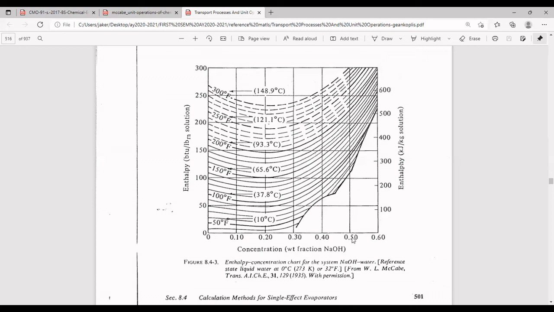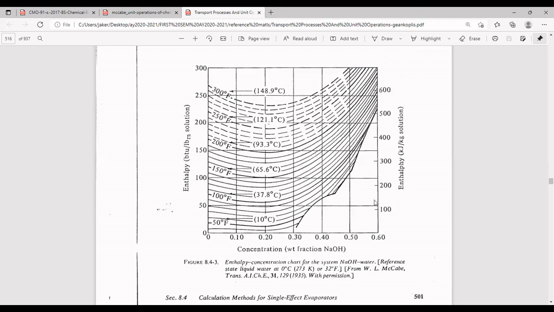So if you have this 0.5 here, you go up until you reach the 148 curve, but you need not reach that because it's 140 only. So it's somewhere here. And since we're working in SI units, this is where your HL1 should be. So you have 100 up to 600 here. So approximate the corresponding value of your HL1 in here. So that's how you're going to use this particular enthalpy concentration chart for your NaOH water system.